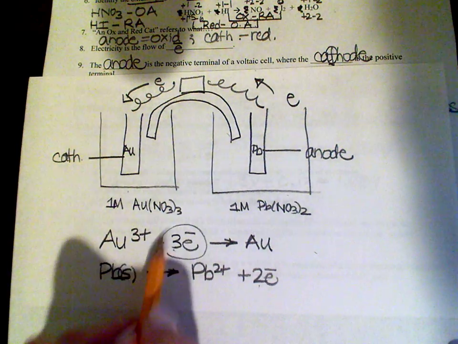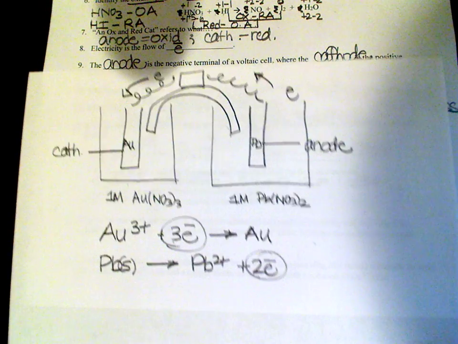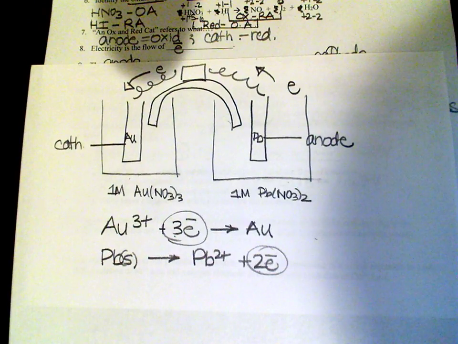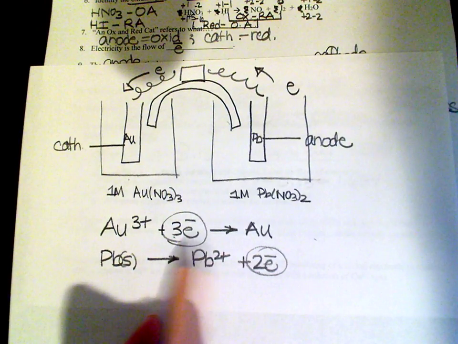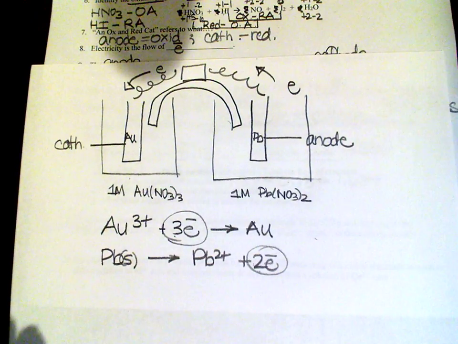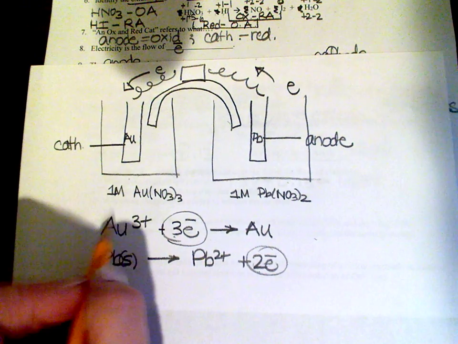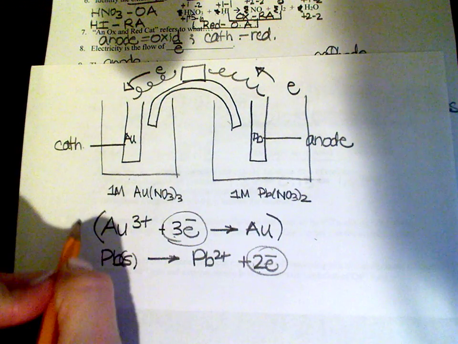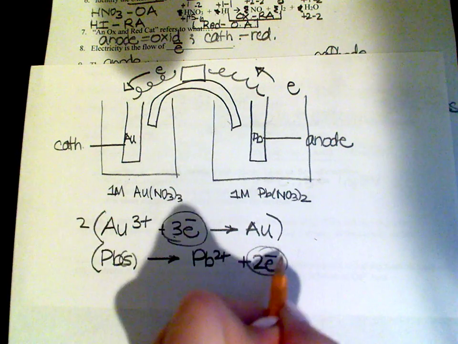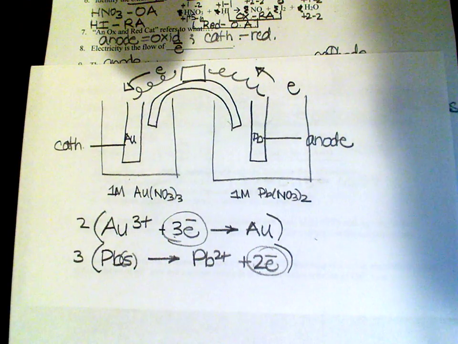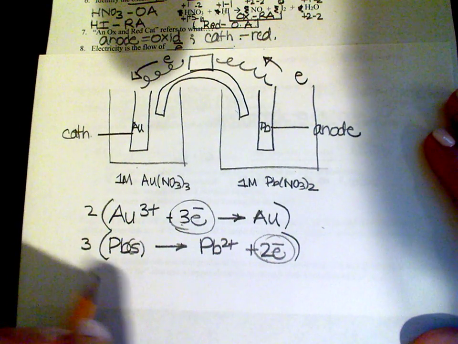In order to do the overall cell reaction, those electron numbers have to total the same. I need it to be a number that's the same, so 6 is the least common multiple. This equation has to be multiplied by 2, and this equation has to be multiplied by 3. So I'm going to go ahead and do that and add them together.